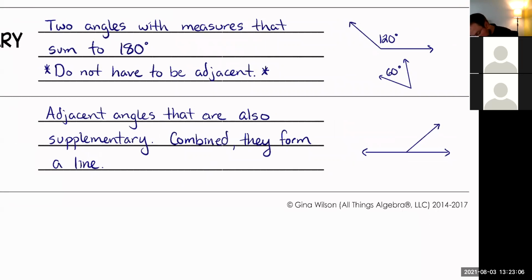So for example, here, say I have, similar to the one up above, a 60-degree angle and a 120-degree angle. Because they are also adjacent, notice that the two rays that they do not share together form a straight line, or a line, I should say.